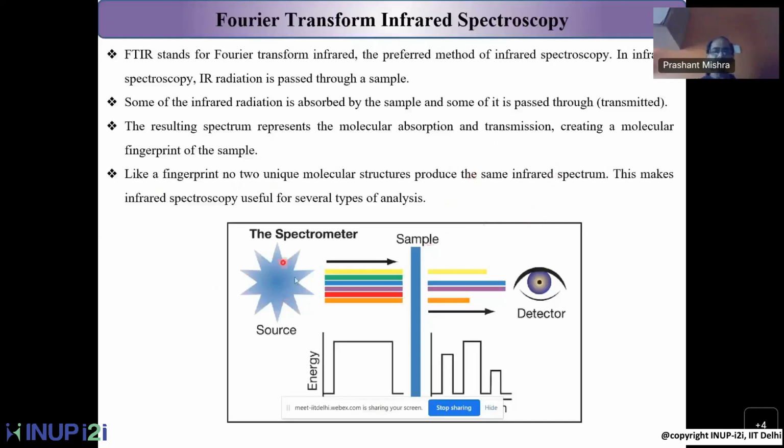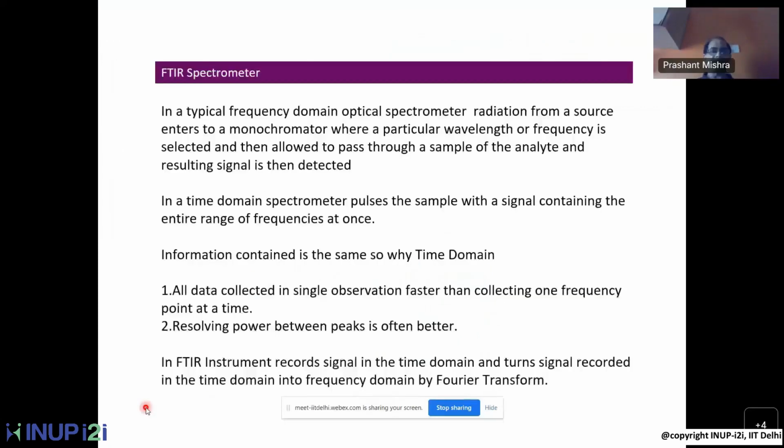So look here: it is a source, then you have infrared light, you pass it through the sample, and of the energy shown here, some is absorbed and the rest is transmitted. So you are collecting the data based on the transmission, and then it goes to the detector where you analyze the data.